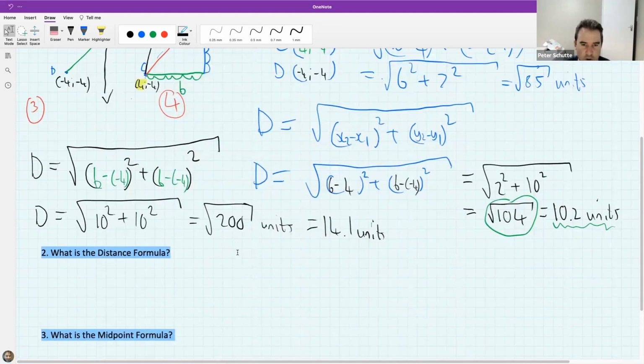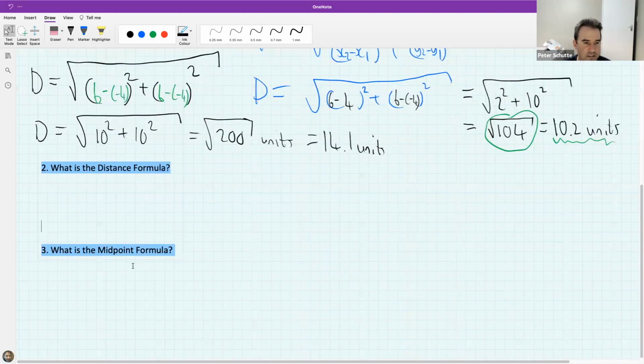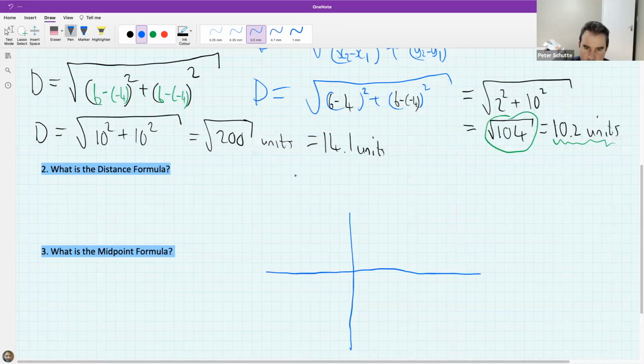But the second thing I want to talk about today is the midpoint formula, and the midpoint formula is actually quite straightforward. So if I give you, let me draw another Cartesian plane just like before. Let's say I give you a point over here.